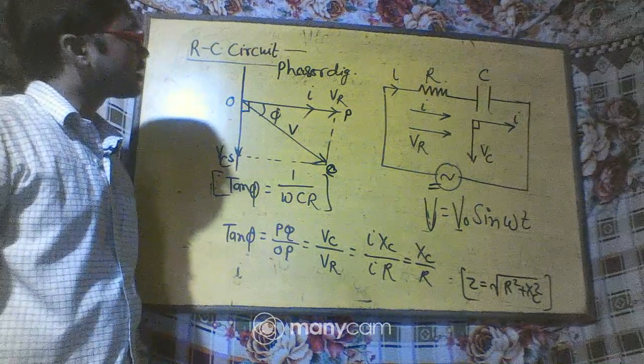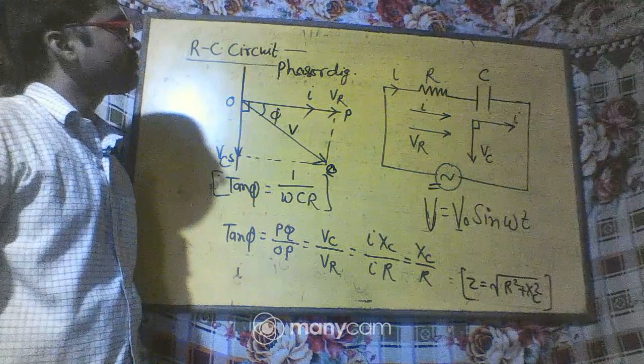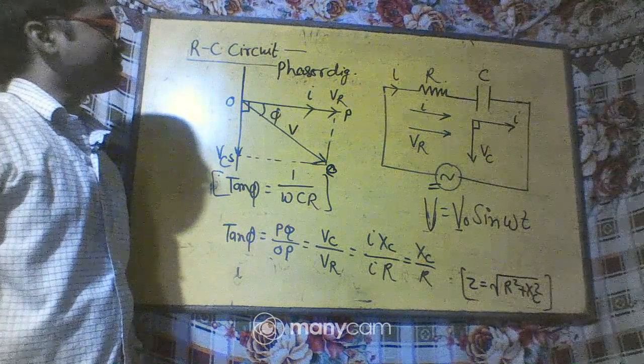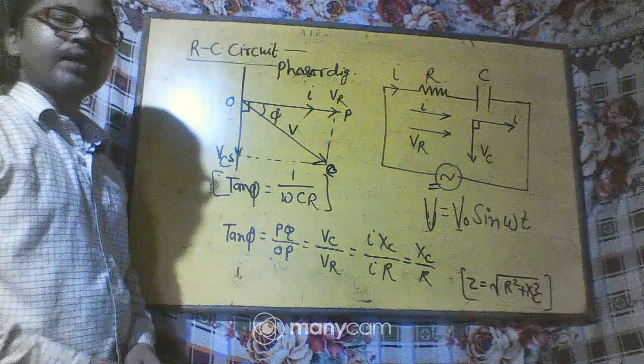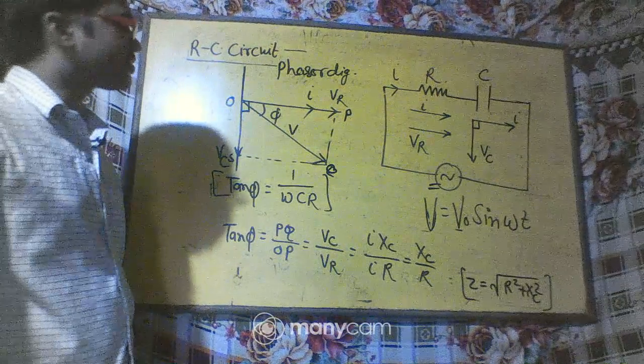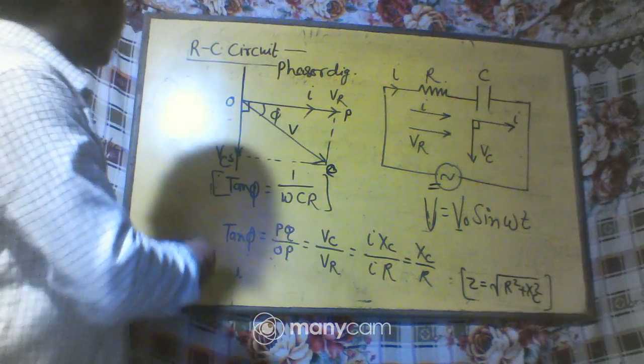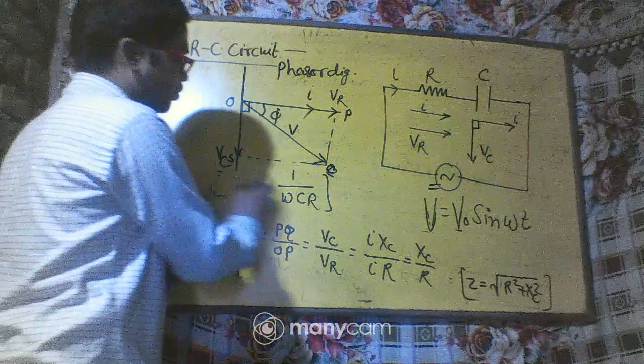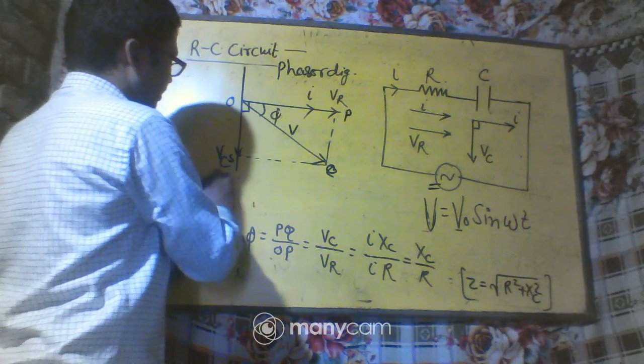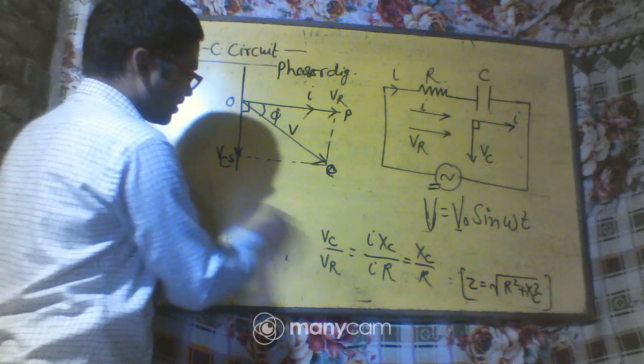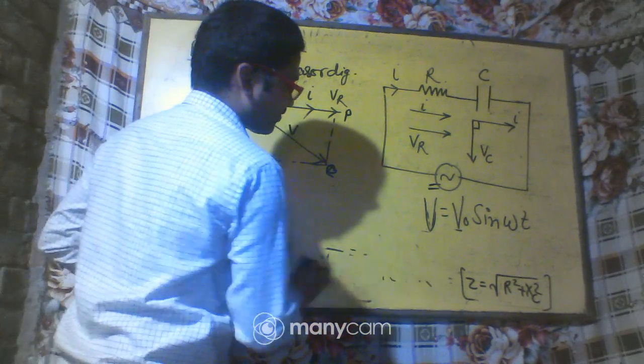Okay, so I hope you understand about the RC circuit. Now we are ready to write down the equation of current for this circuit. So let's see, I am going to erase these parts and I am going to write down the equation of current for this circuit.